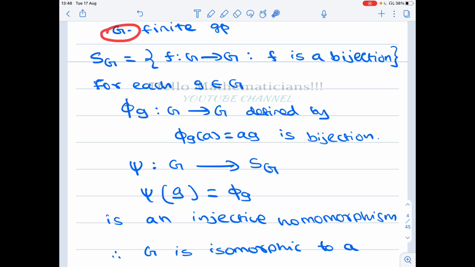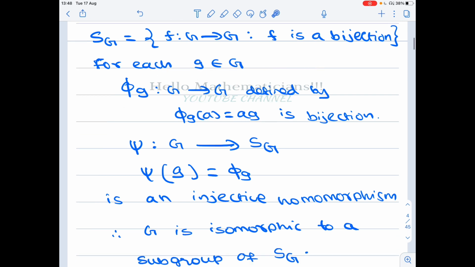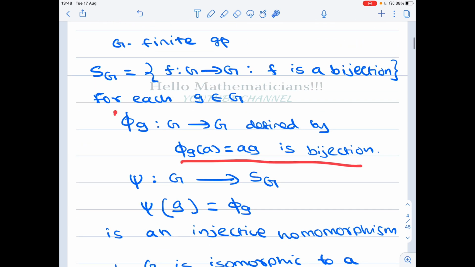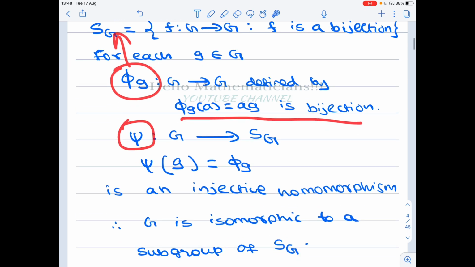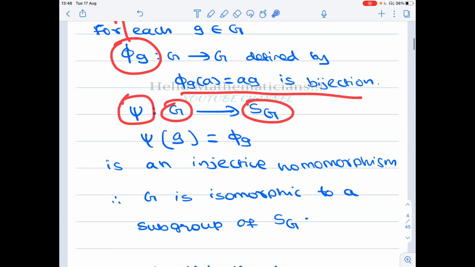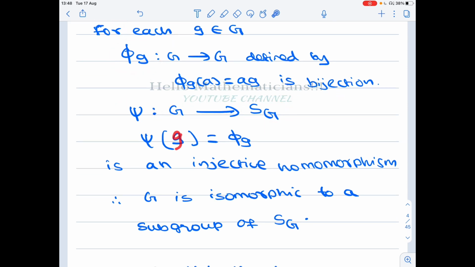Now for each element g belonging to G, we define a function phi_g that takes any element a belonging to G to ag. We are right multiplying by g. One can prove that this is a bijection. Therefore, phi_g is an element of S_G. So we define a map psi from G to S_G, where g goes to phi_g.